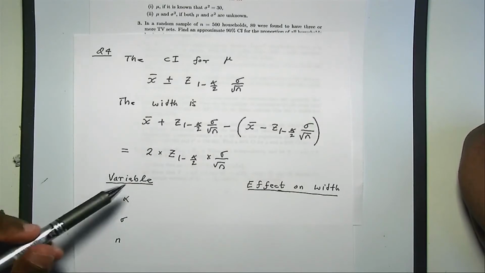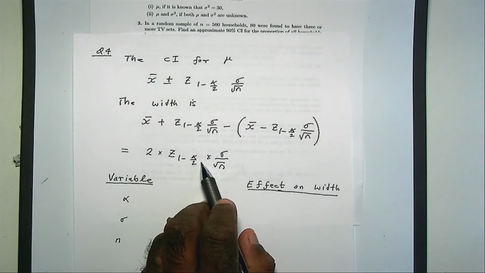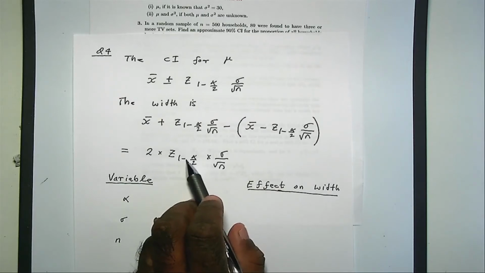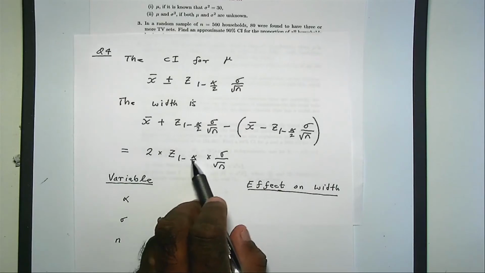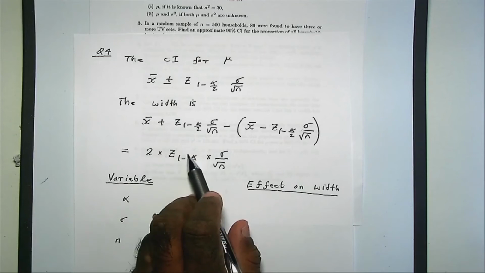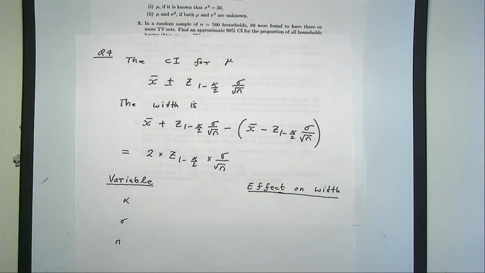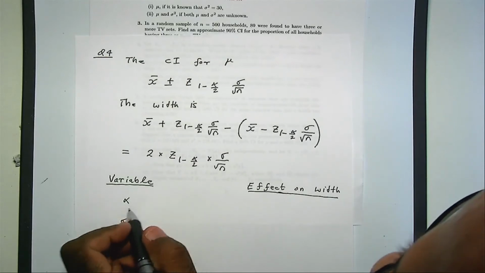So if alpha increases towards 1, then 1 minus alpha by 2 is going to get smaller and smaller. So z of this will also get smaller.